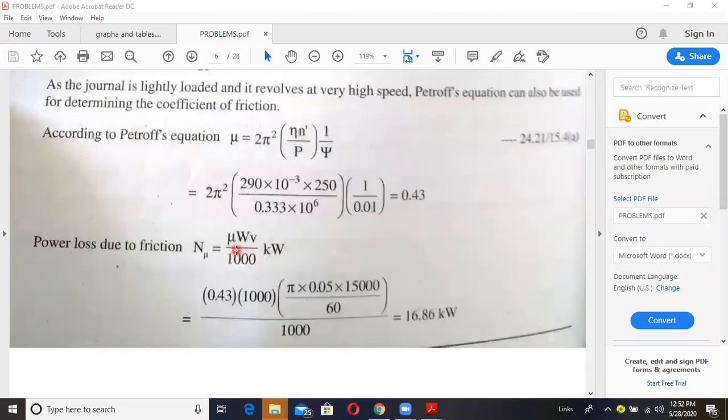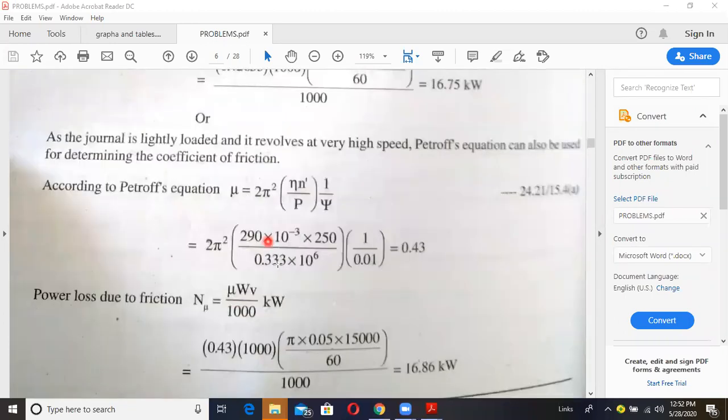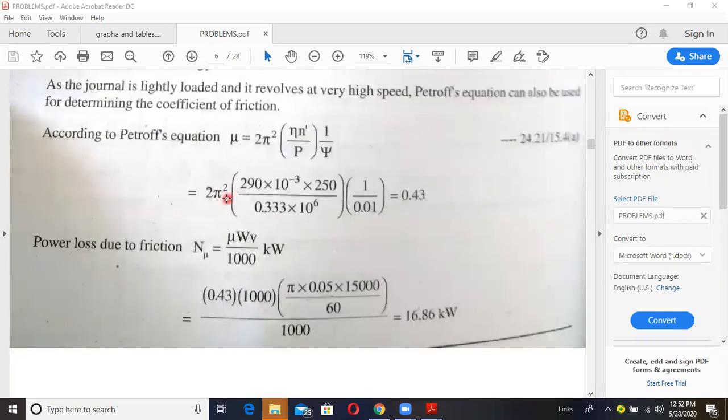First, if we see Petrov's equation, always go for Petrov's equation. According to Petrov's equation, mu is equal to 2 pi square eta n dash by p into r by c. This is the formula to calculate mu. Here there are unknowns: eta, p, z, and n dash. So all the things you have to calculate.